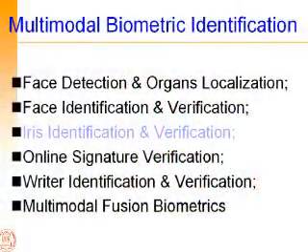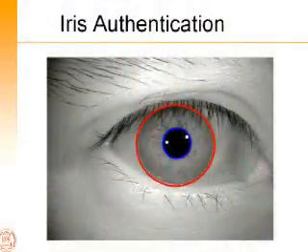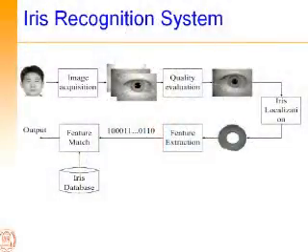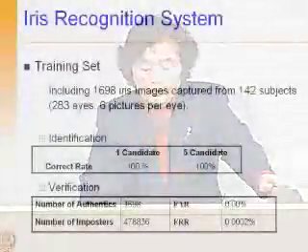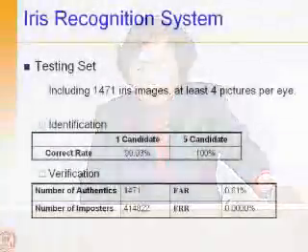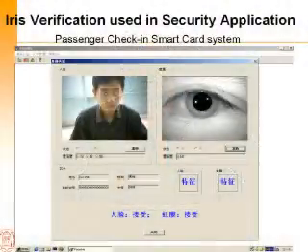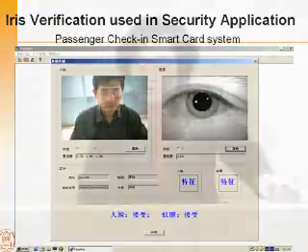Another is iris identification, because iris is the highest quality biometric. The iris localization, taking the picture, and the evaluation can get a good result like this. In testing, the FAR is much lower. This is a system at our level.